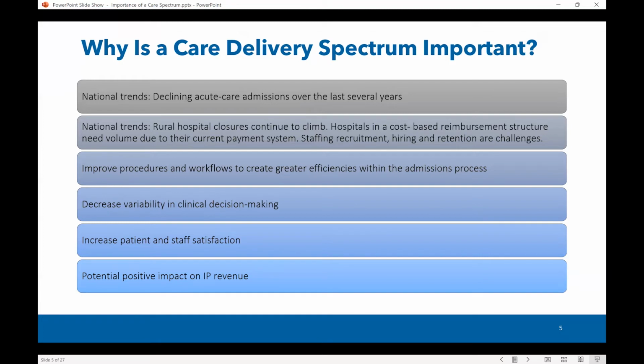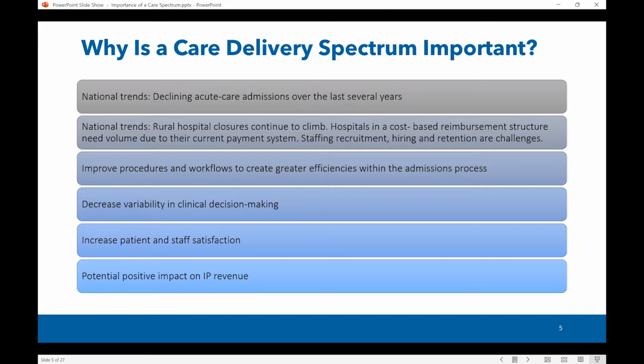The care spectrum improves procedures and workflows. It helps to have greater efficiencies within the admission process because there is not that variability. There's not a long process that goes back and forth. What we hear a lot is the ED provider and the hospitalist or private doc going back and forth trying to determine who can and who cannot be cared for.